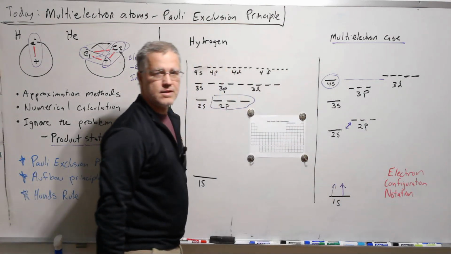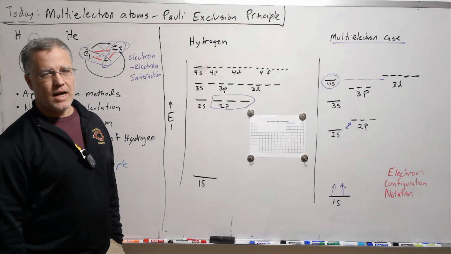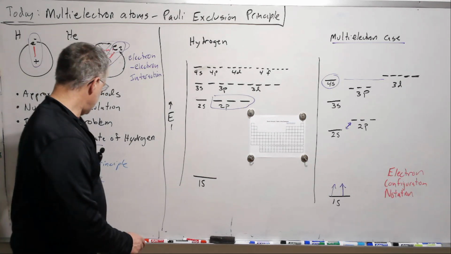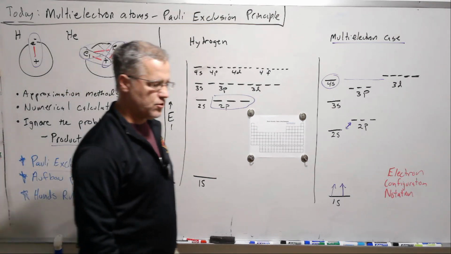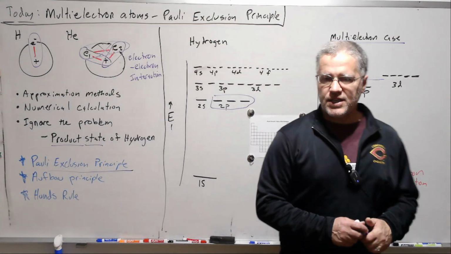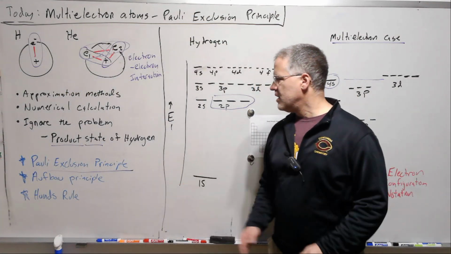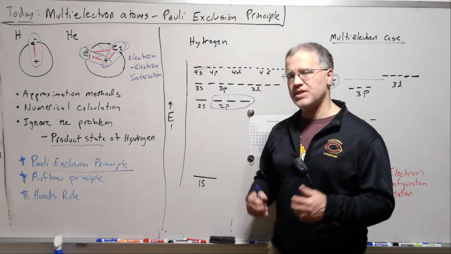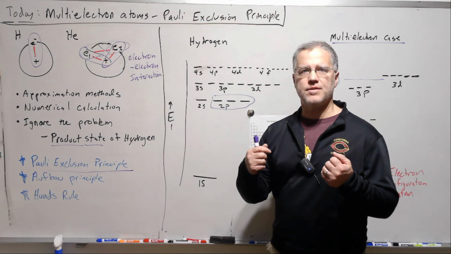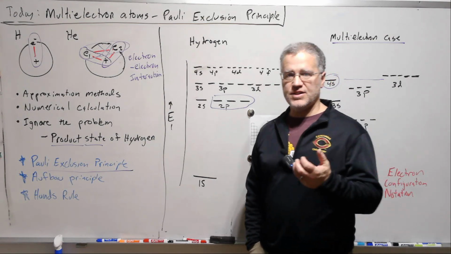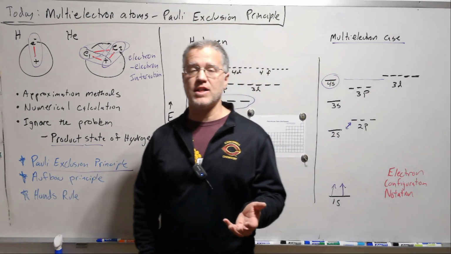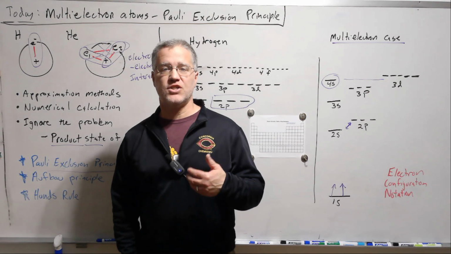Okay? Now, the Aufbau principle says we should put the electron down here, and so maybe we write something like this. Okay? Well, now we have to employ a second principle, the Pauli Exclusion Principle. Now, the Pauli Exclusion Principle is actually a pretty advanced topic, but the consequences of the Pauli Exclusion Principle are what is taught to us as the Pauli Exclusion Principle in general chemistry settings.